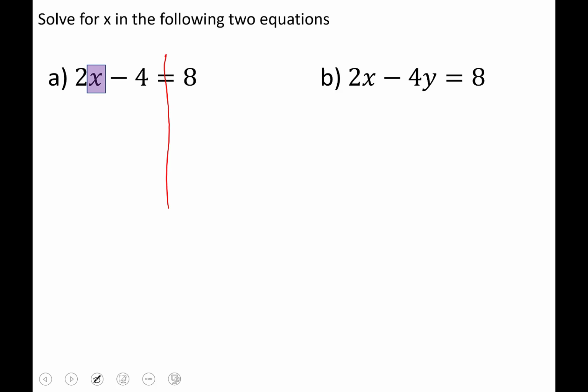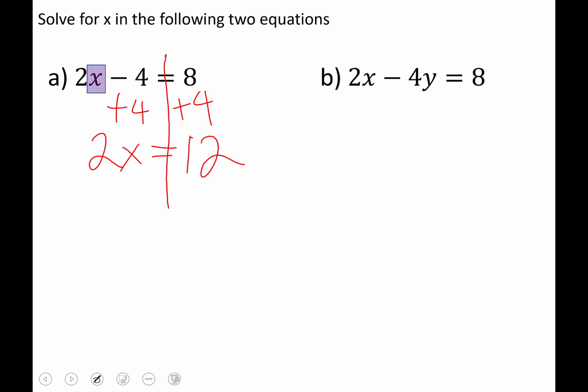Looking at this, I've got 2x minus 4 is equal to 8. The first thing I'm going to do is undo that constant and add 4 to both sides. And it leaves me with 2x is equal to 8 plus 4 is 12.